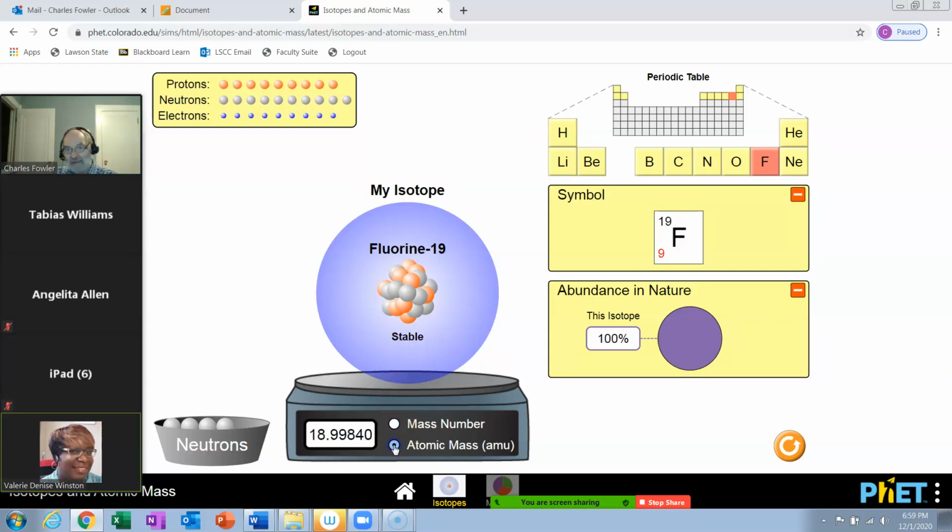Its atomic mass? 19.99840. Got it. Okay, its symbol? 19F. Got it. F is for fluorine. And what is the relative abundance in nature? 100%. Yep. So now, it actually has more neutrons than protons, so let's take a neutron away.